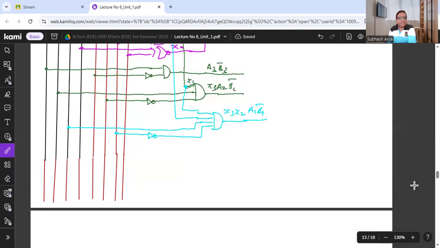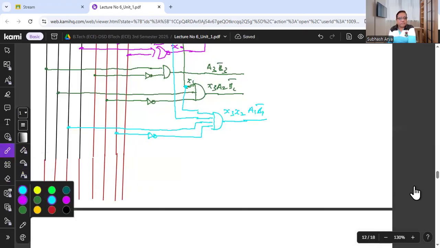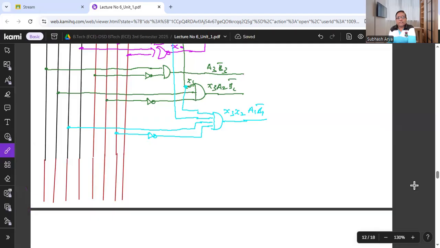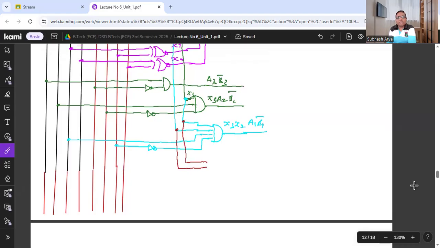It means that x3 is 1, then x2 we have logic 1, and then x1 which is here is also equal. Then only the last situation comes.